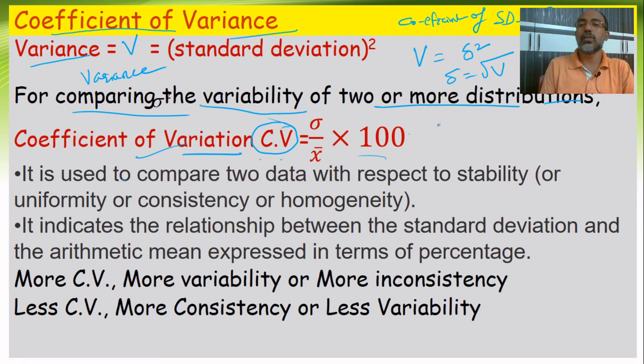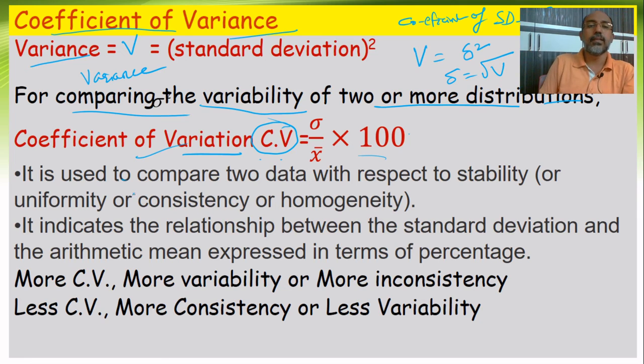Two or more distributions. So you calculate a standard deviation for one class of students, say BCom, BA, BSc. For that, CV has to be calculated to understand the data's stability, uniformity, homogeneity or consistency.